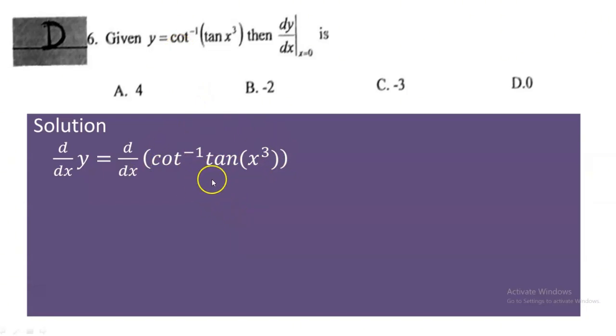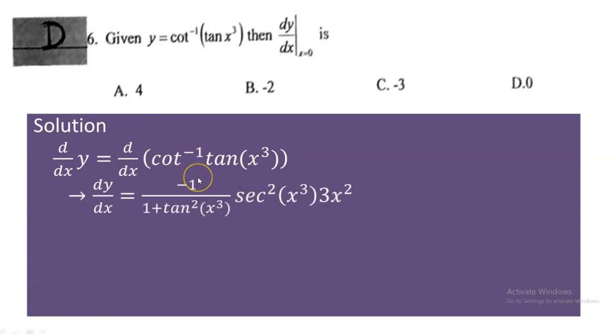Now what you need to do is recall the derivative of cot inverse x. And in x you are going to use tan x cubed. So chain rule again must be used. So we know that the derivative of cot inverse x is minus 1 over 1 plus x squared. But in place of x squared, we need to put tan of x cubed, because in x we do have tan x cubed.